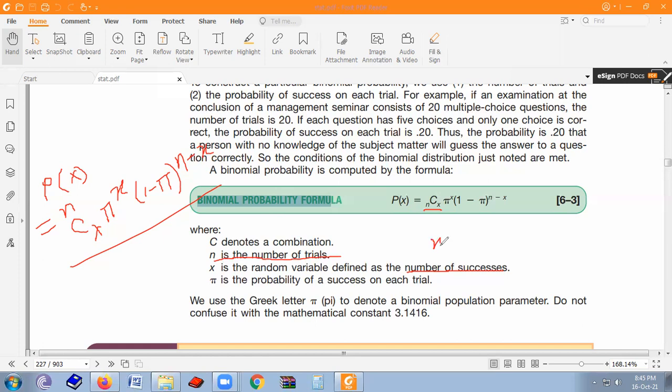And x এর মান নরমালি হবে 0 1 2 up to n. So n এর মান যদি 5 হয়, so we have to take the value of x up to 5. If n equal to 10, then we have to go up to x equal to 10. And for this distribution, the mean and variance and standard deviation is very easy to find.